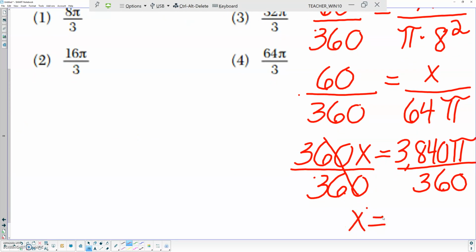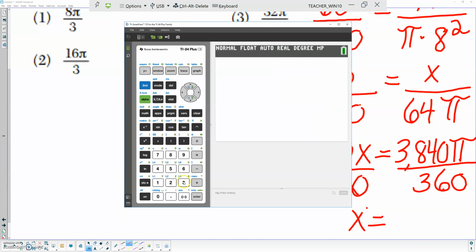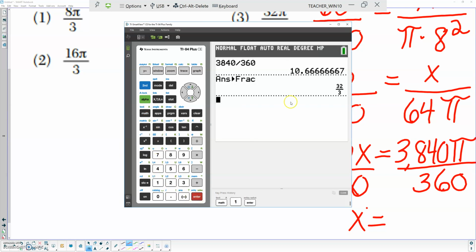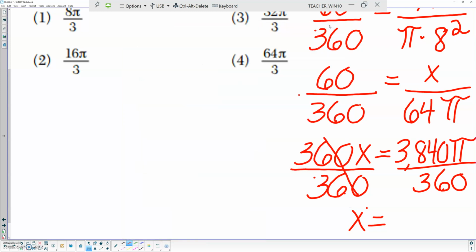Then we can use our calculator to help us simplify that fraction. So if we do 3,840 divided by 360, and math frac that, we're going to get 32 pi over 3 is what that simplifies to.